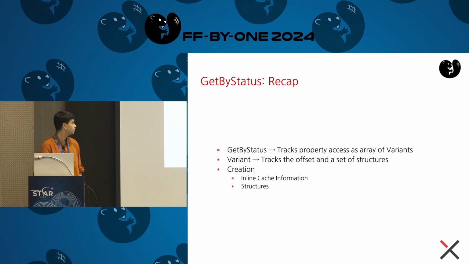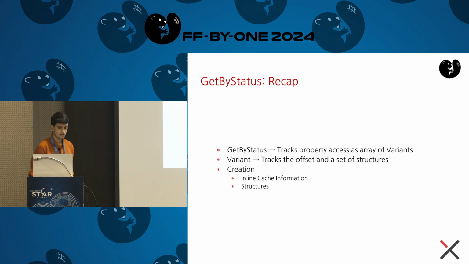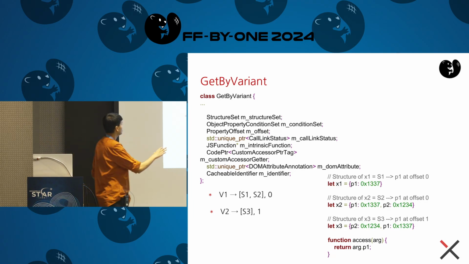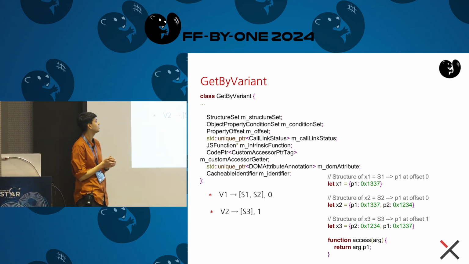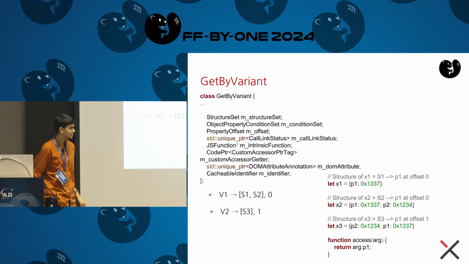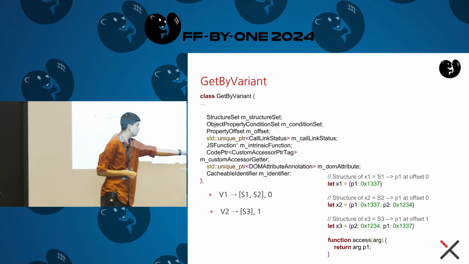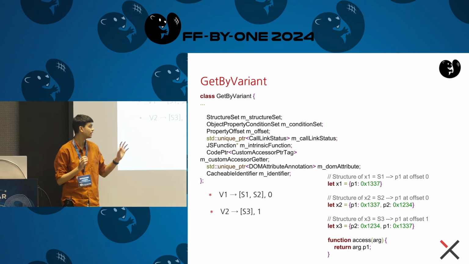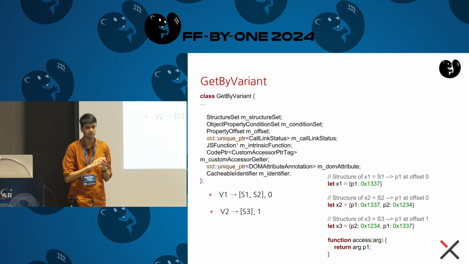Now, what we are trying to ask is how do we create this get by status, to create all these variants, statuses and all. What we need is that at this point arg.p1 we need to know what are the structures that arg can have.